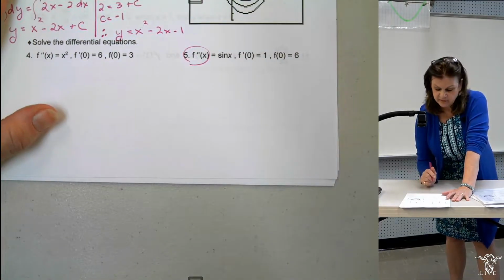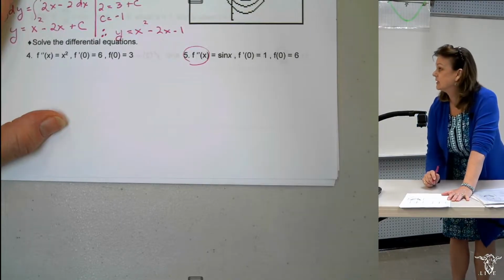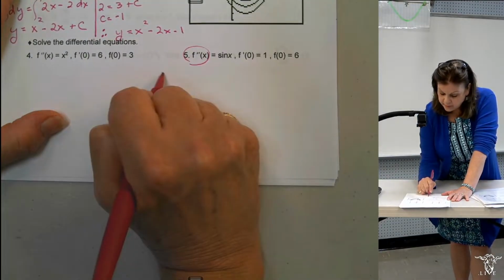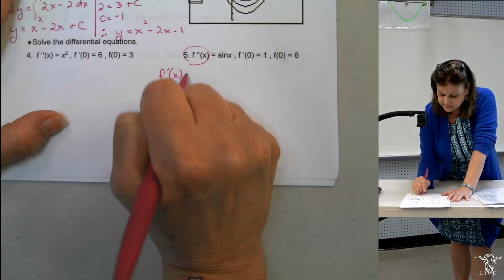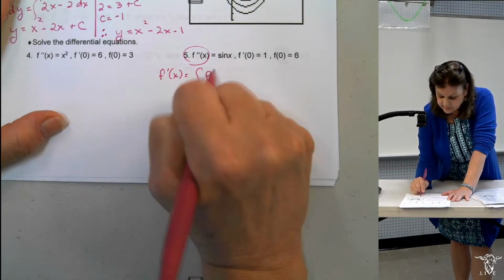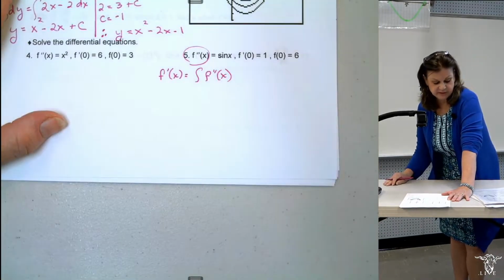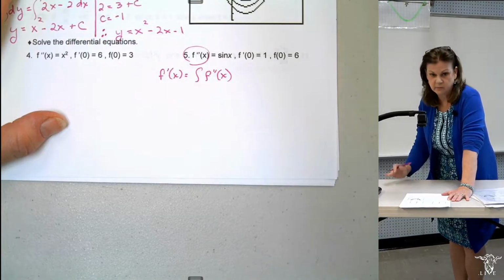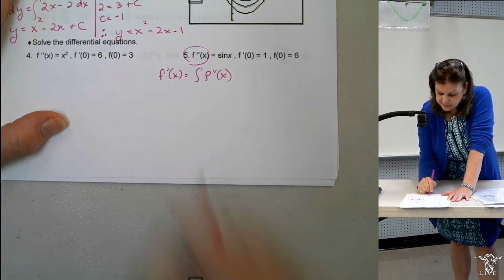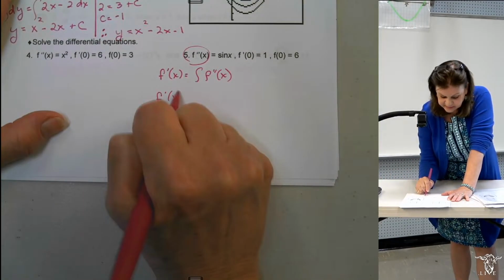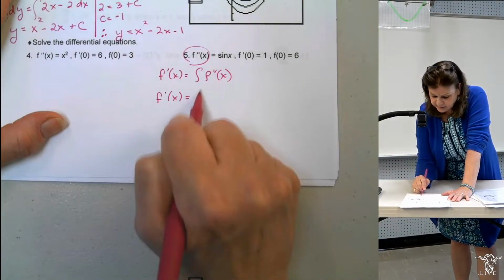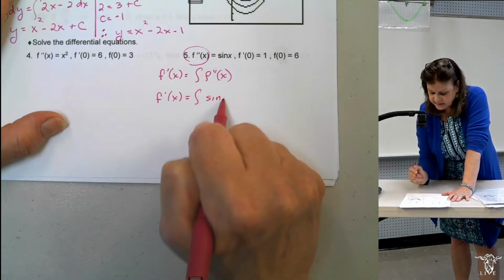So they're starting me off with my second derivative, telling me it's sine x. So I know my first derivative is the integration of my second derivative, right? We're working backwards. So I know my first derivative is the integration of sine x.